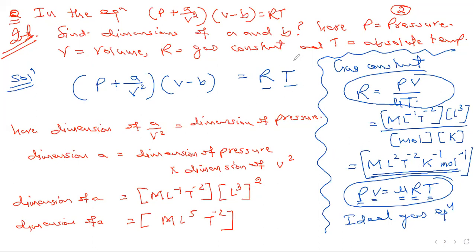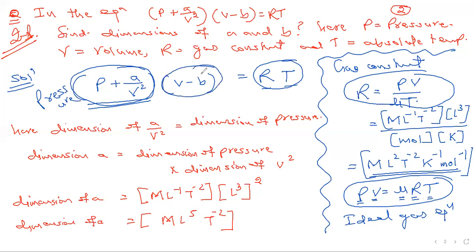But in this question, you are not concerned about it. Because here, the bracket (P plus A upon V square) is representing pressure, and this term is representing volume.